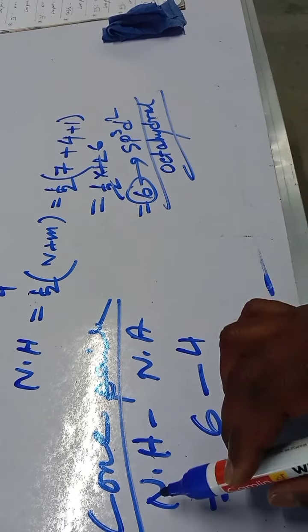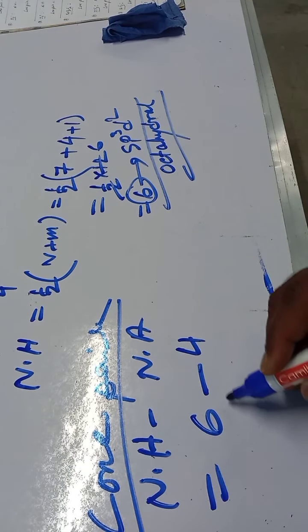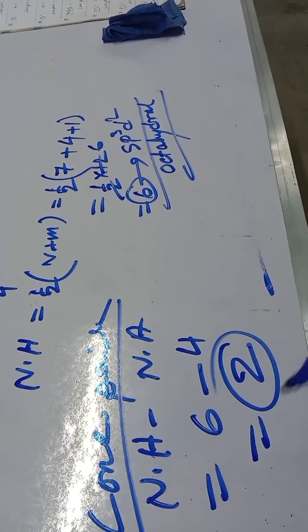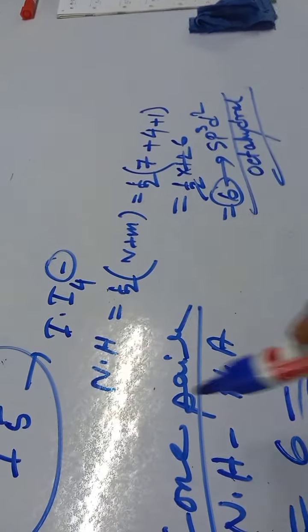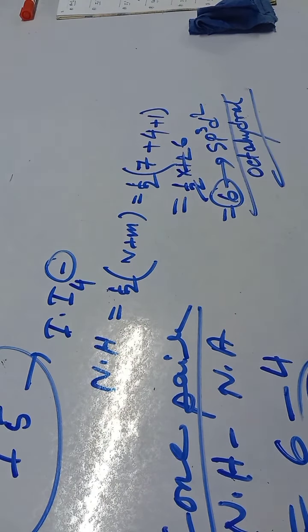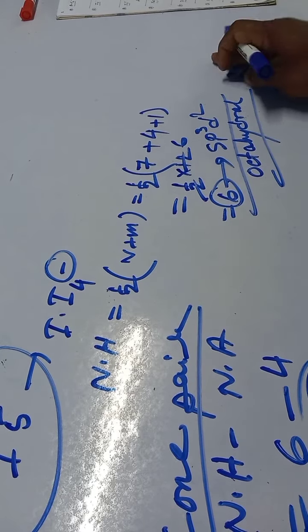The number of lone pairs is 2. Also it is called the shape, with lone pair number 2, square planar octahedral.